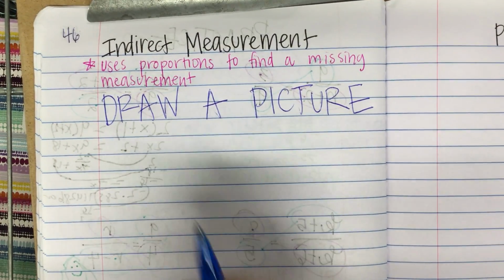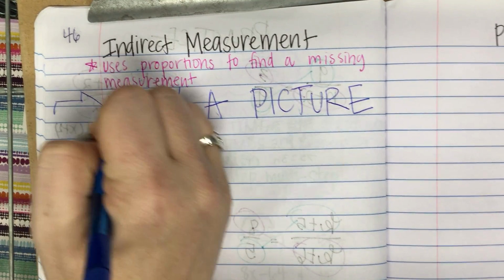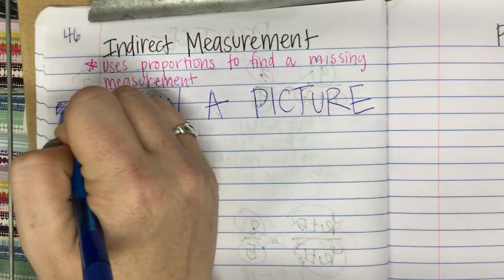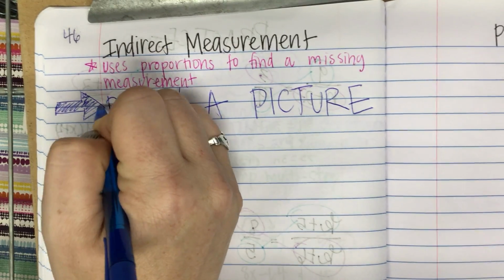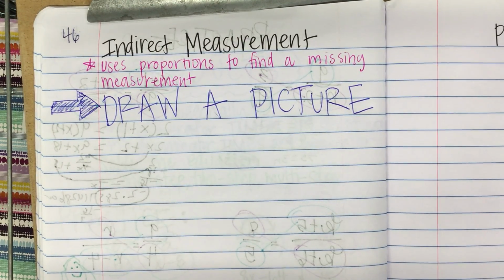Draw a picture. This is going to be a big part of using indirect measurement. In the beginning, when we're first learning how to do this, the picture is what's going to help us.